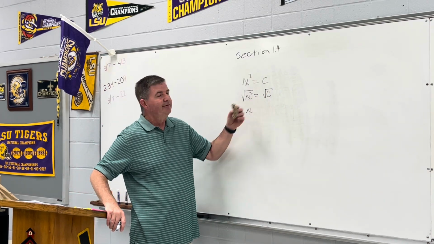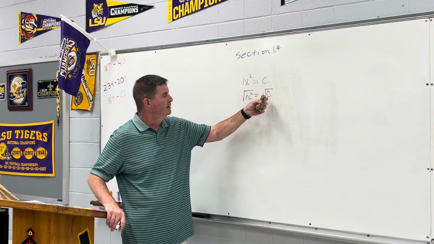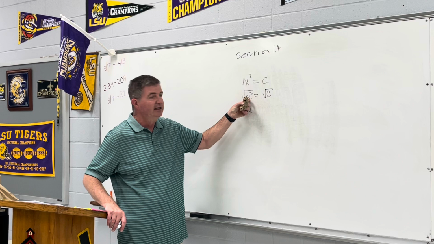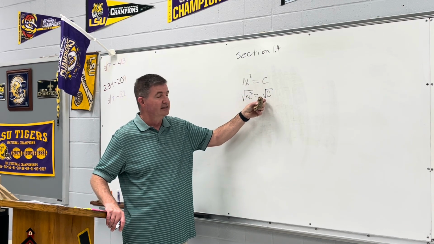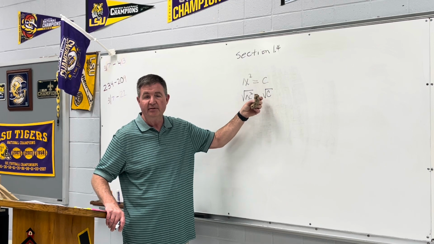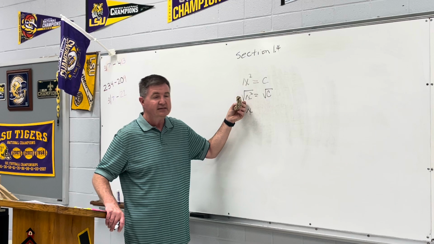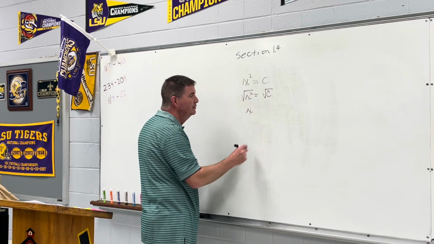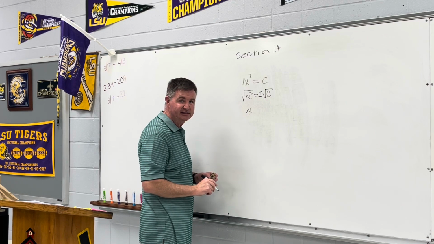Now, the square root method is special because it's saying that this number times itself gives me that squared. The problem is that the negative of this number times the negative of this number also gives me that number. So when taking the square root, we must always write both plus and minus for the c.